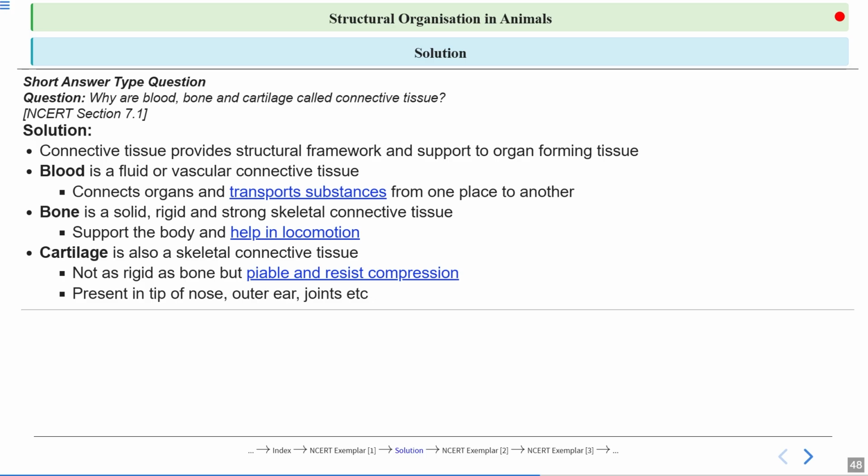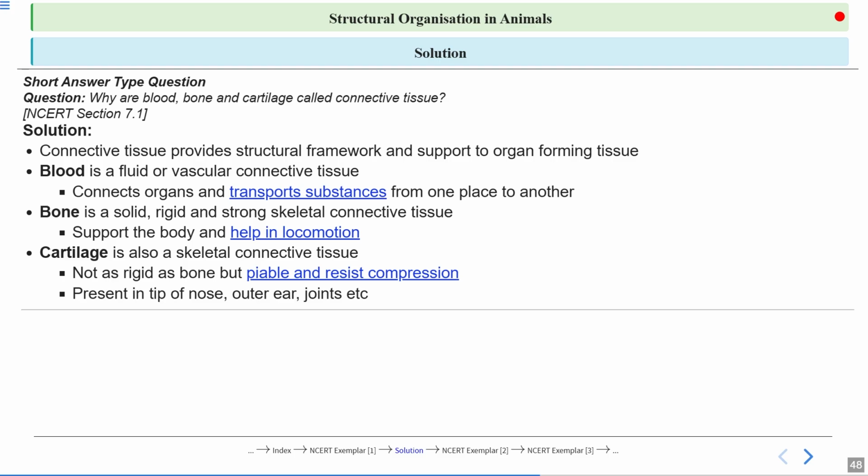Not only this, the ends of every bone are covered with cartilage, so that when we walk or run, the bones cannot rub against each other and damage the bone. So this cartilage does not allow the bones to rub against each other.